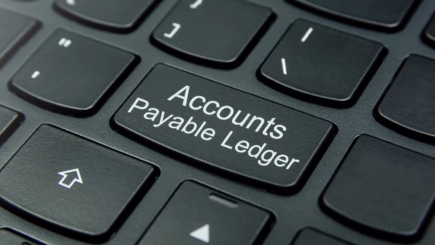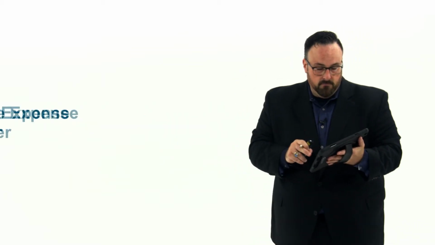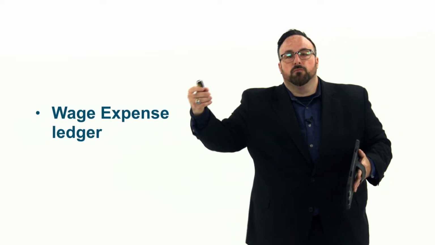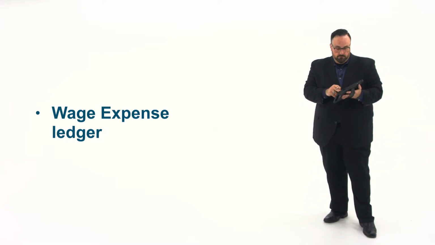There's several types of ledgers. Right now, you're looking at an accounts payable ledger, a general ledger, a debt ledger that's separately kept to see how much money you owe for different things. Wage expense ledger. This could also be from payroll, paying your wages out to people and other companies that are doing business for you based on the product that you sell.